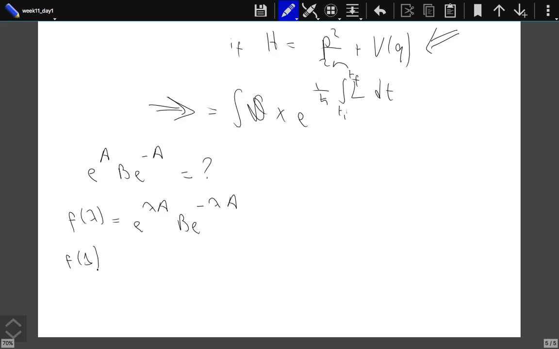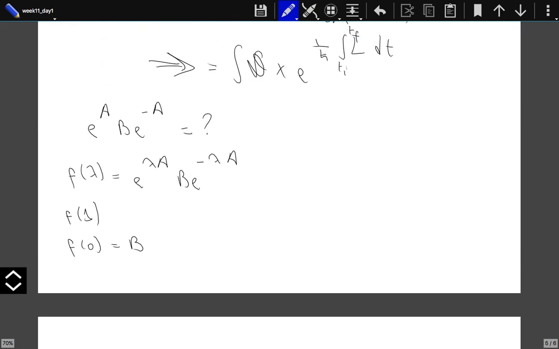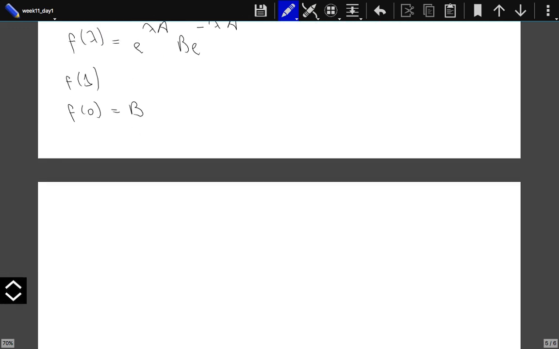That is what we want. And we know f of 0, this is B. Now f of lambda, I can just write it as a Taylor expansion: f of 0 plus the first derivative of f at 0 times lambda plus the second derivative of f at 0 times lambda squared over 2 factorial plus etc.